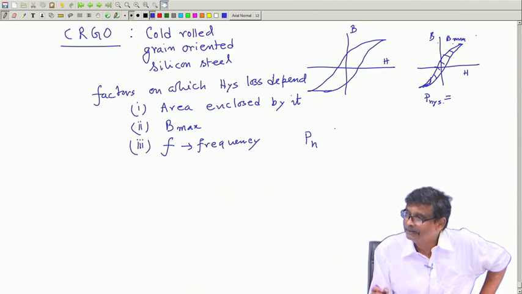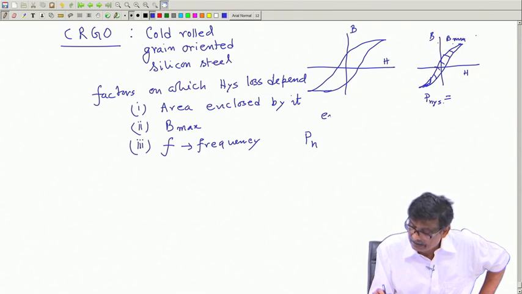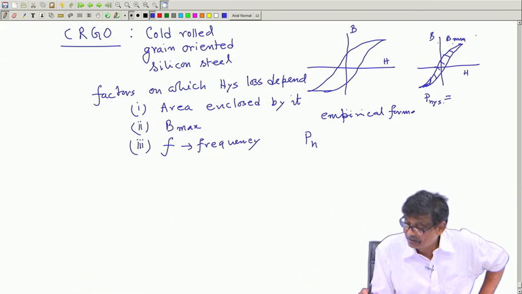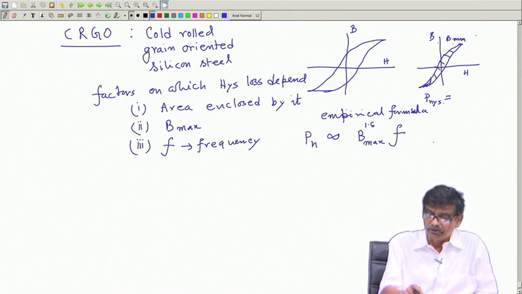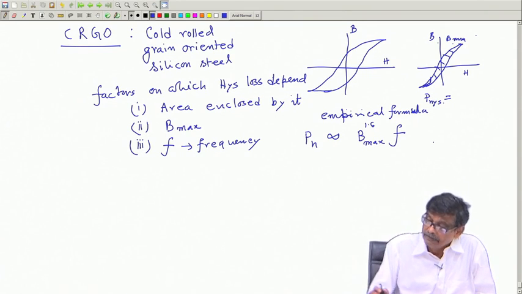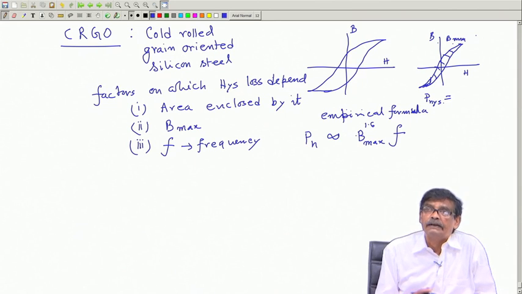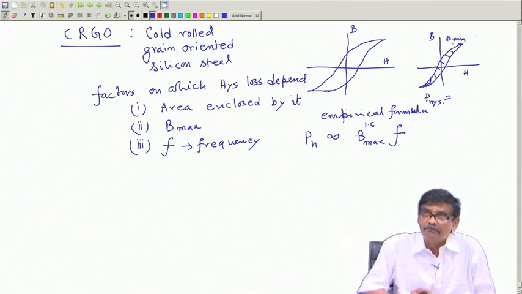It is an empirical formula for calculating hysteresis loss. The formula is like this: hysteresis loss is proportional to Bmax raised to some power, say 1.6 is a popular number, into frequency. Frequency we know it has to be directly proportional, and Bmax is the peak value of the maximum flux density.